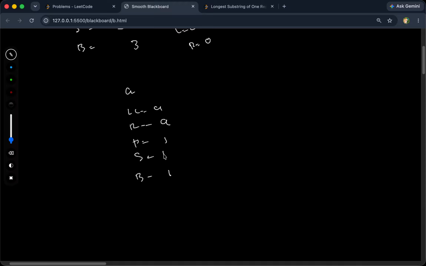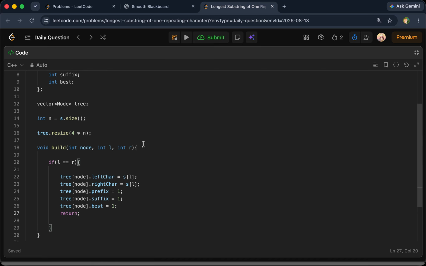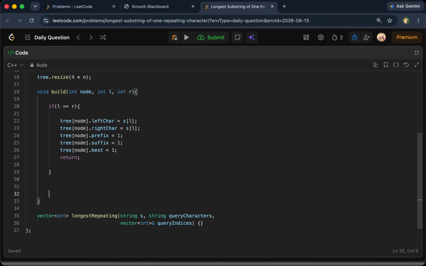Okay, now we have to divide the segment. If we have more than one character, we divide the range into two halves. So how can we divide? Let mid be equal to int, left plus right divided by 2.